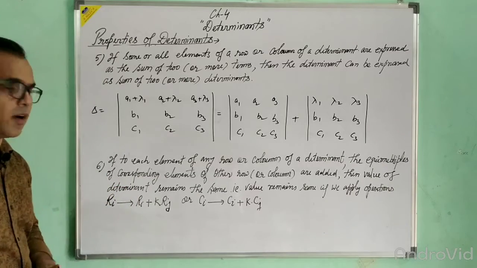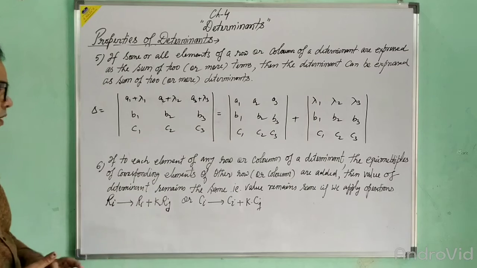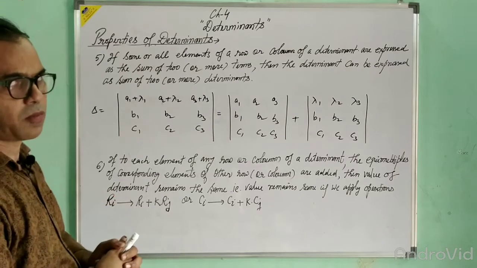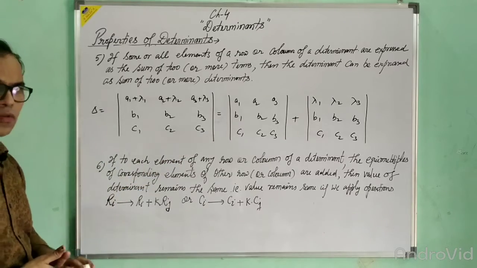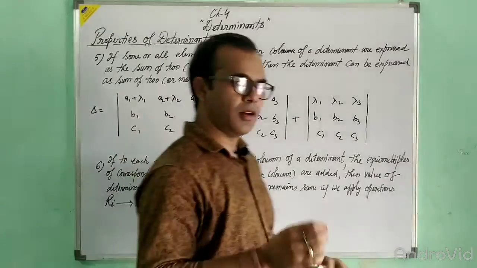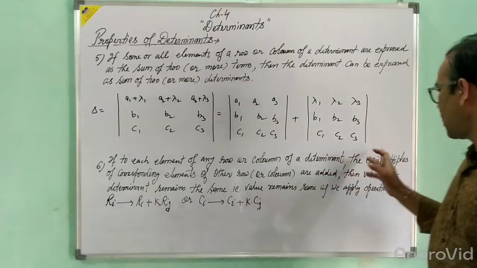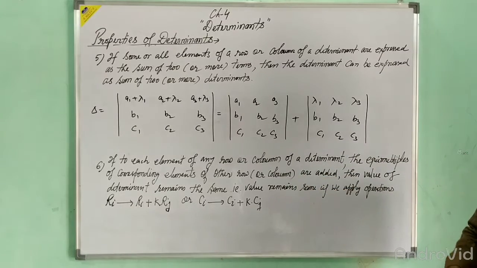Now the 6th property, that is very important, and you should remember this property always. It will help you in solving different types of problems of the determinant. If to each element of a row or column of the determinant the equimultiples of the corresponding elements of the other row are added, then the value of the determinant remains the same.